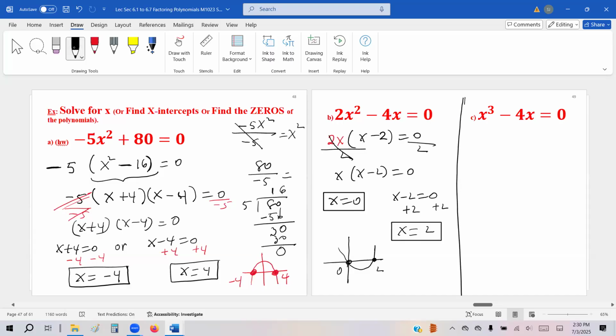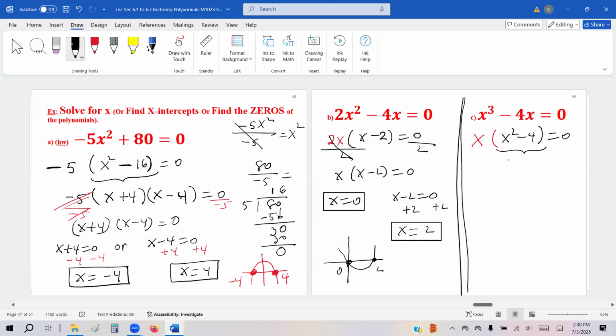Okay, the next one. What's the GCF this time? So we factor out x, and what remains? X squared minus 4. But what do you observe here?